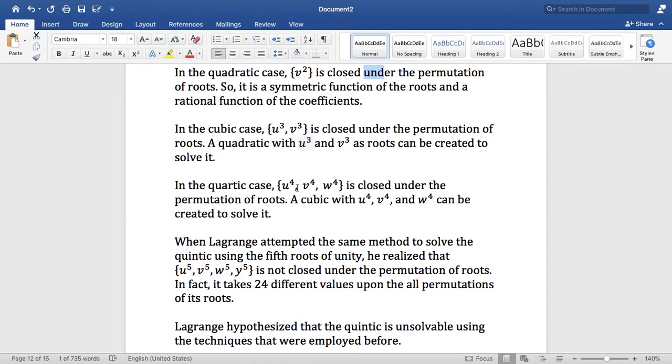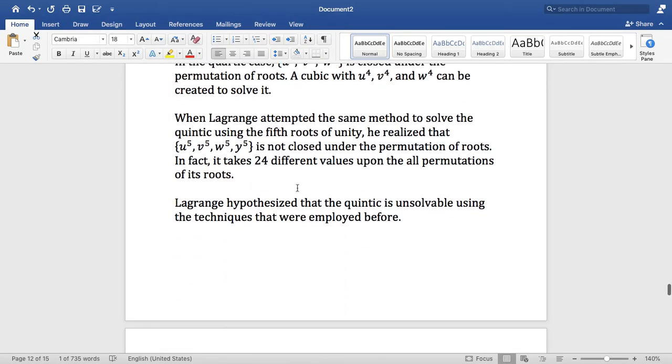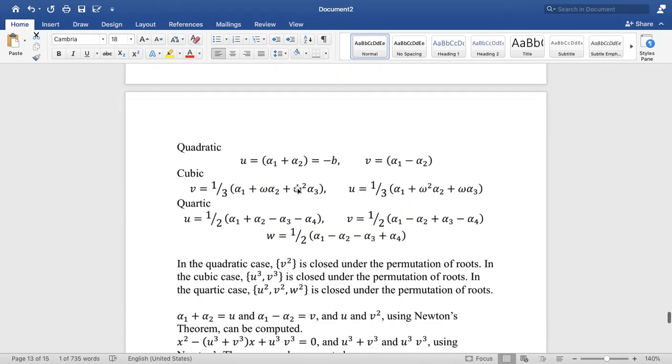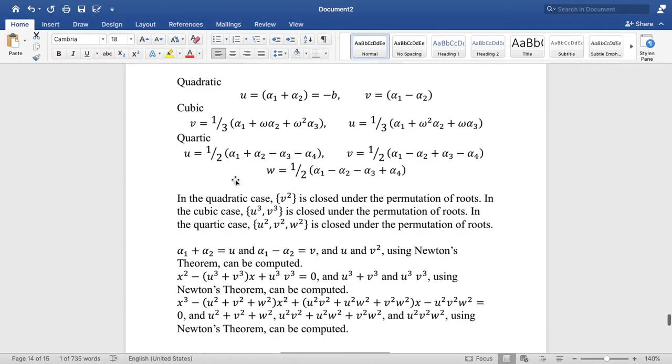Again, in the quartic case, u to the power of 4, v to the power of 4, w to the power of 4 is closed under the permutation of roots. So what does that mean? That means a cubic with u to the power of 4, v to the power of 4, and w to the power of 4 can be created to solve it. So maybe I worded it better right over here.